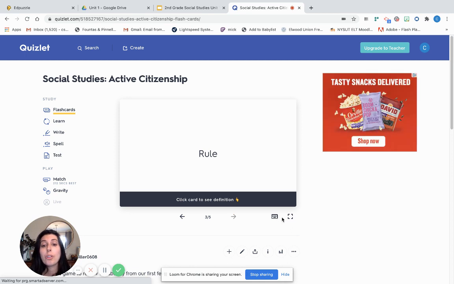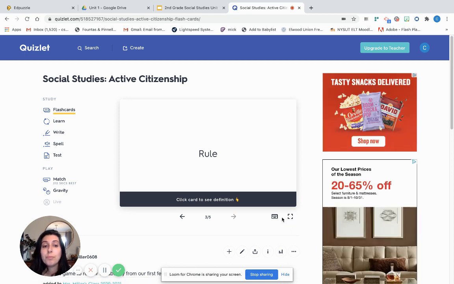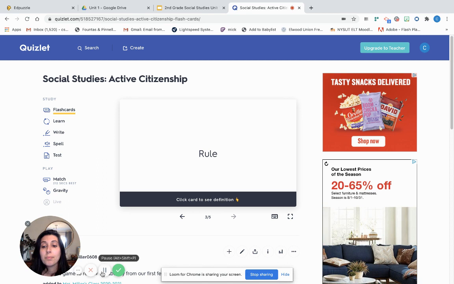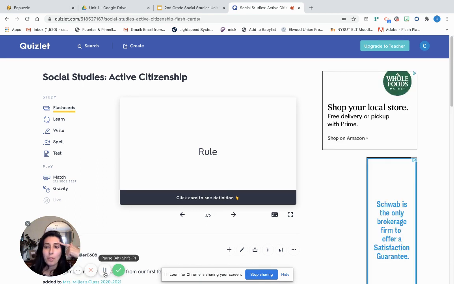Next is the word rule. Think about what the word rule means. Okay, again, I'll count down from 10 to 1. Share what you think the word rule means. Ready, set, go.